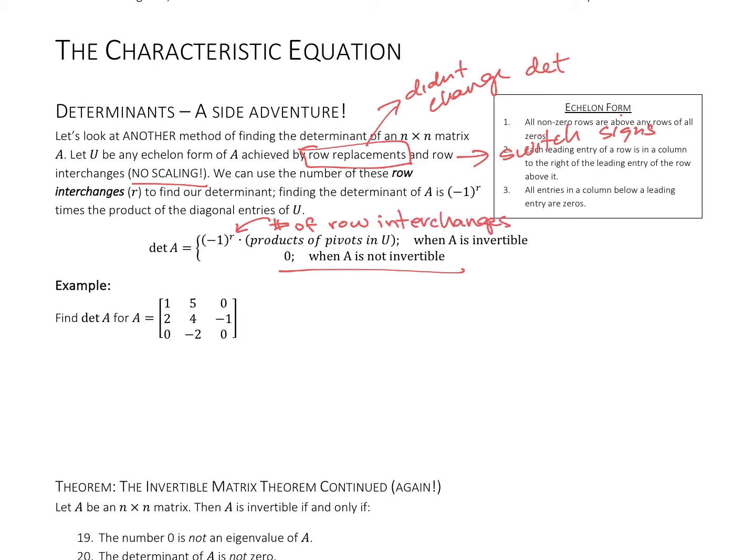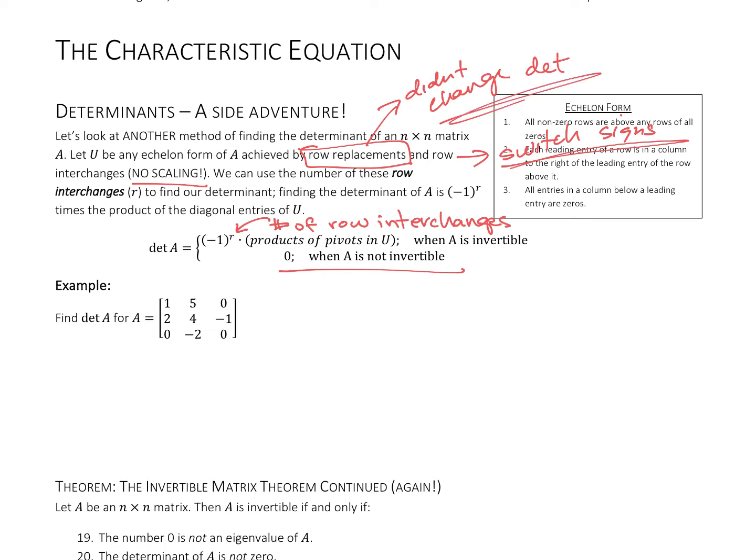The reason this works is that a row interchange switches the sign. If I do 2 of them, it switches the sign twice, so -1 squared is +1, which means I've gone back to the original. And we don't have to worry about any row replacements.